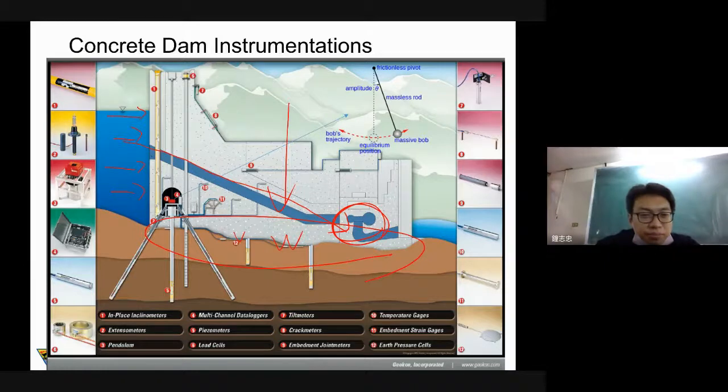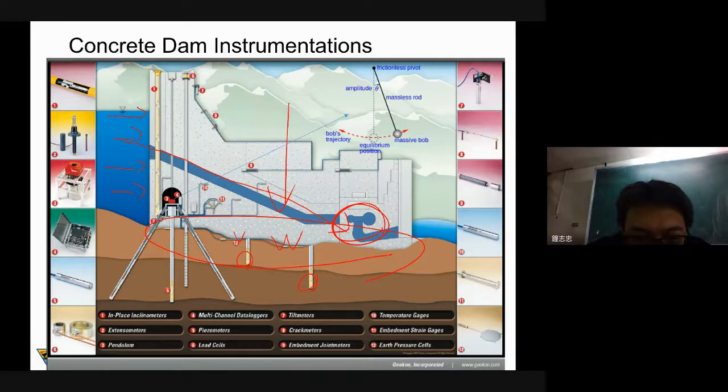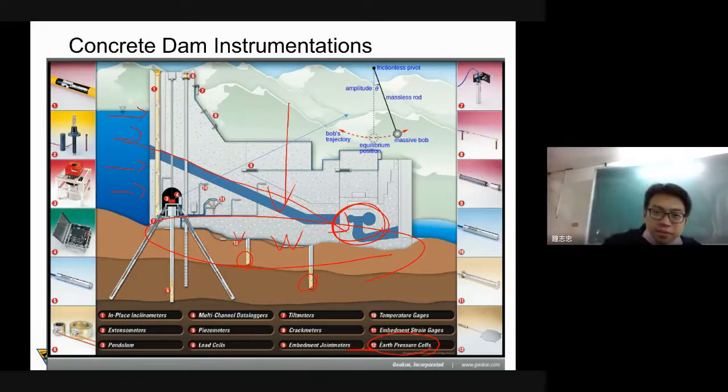So sometimes we need to check the water pressure here, and also some of the measurements here. You can find, let me see here, 12. This is the earth pressure cell in this area, and also in this area.